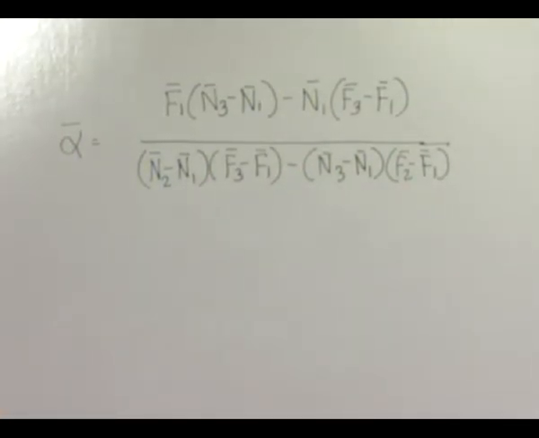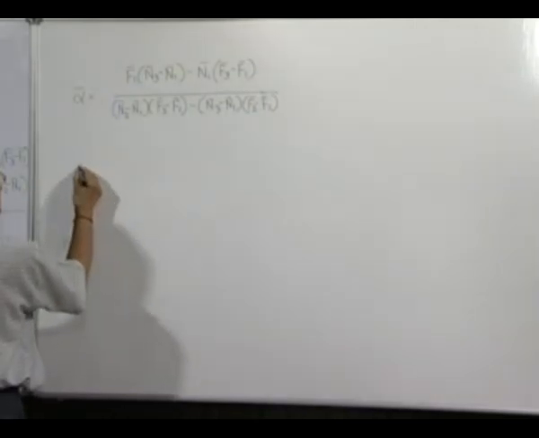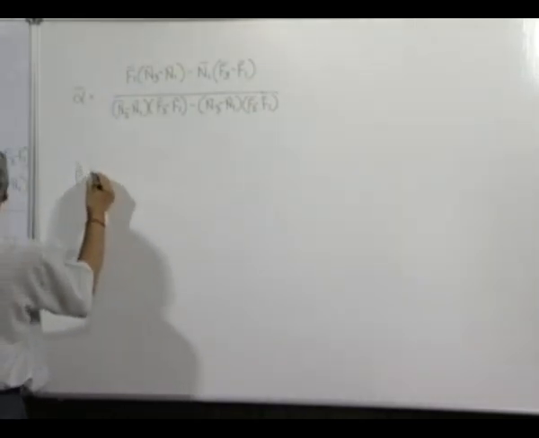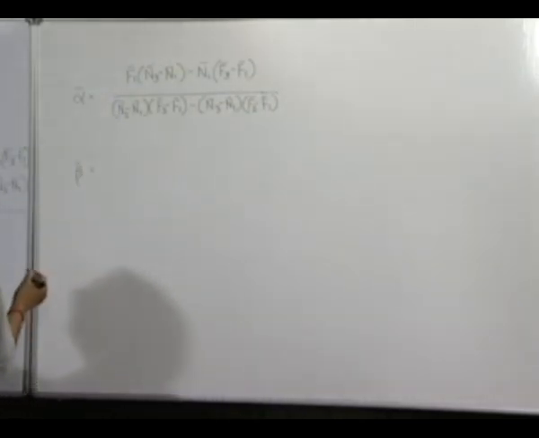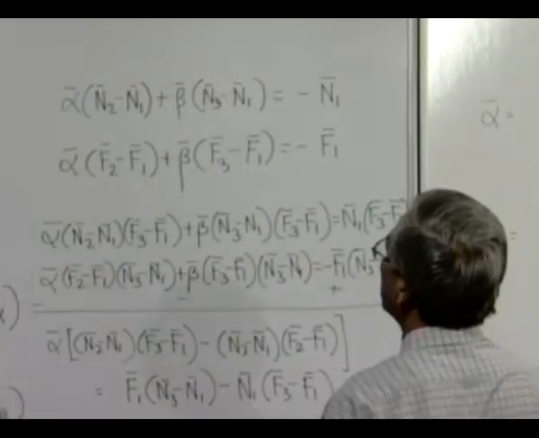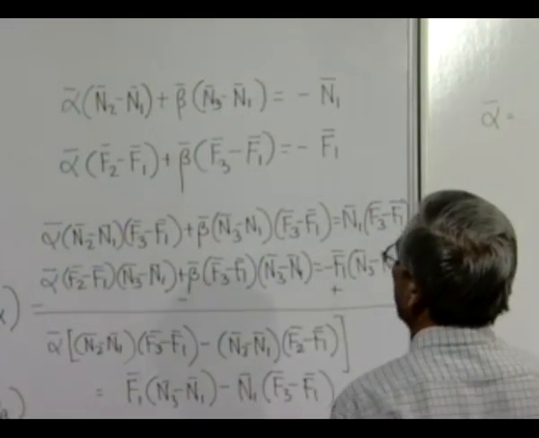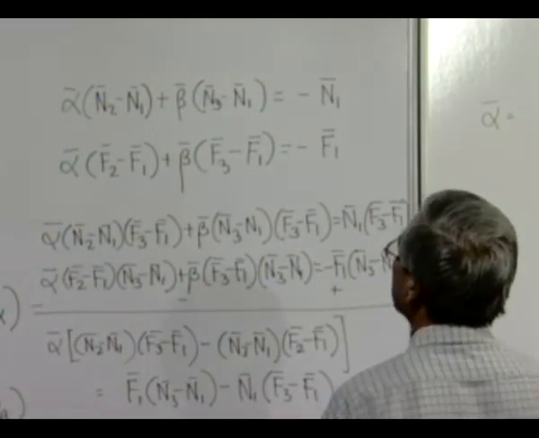Similarly, we will find out beta also, and in this case, of course, you have to multiply this by N2 minus N1 and this by F2 minus F1, and then subtracting one from another, we will get beta.